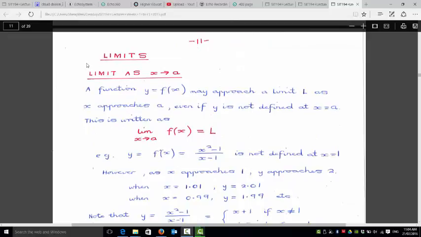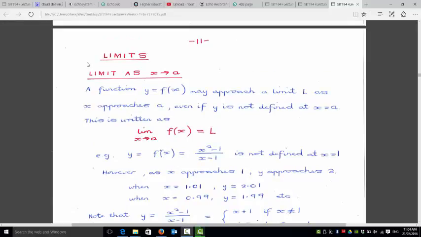Then we will go over limit. So what is limit?